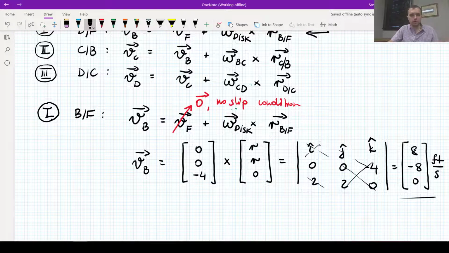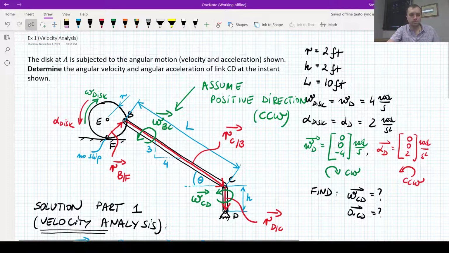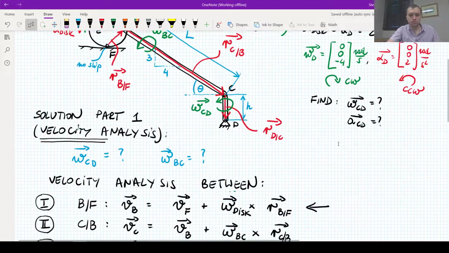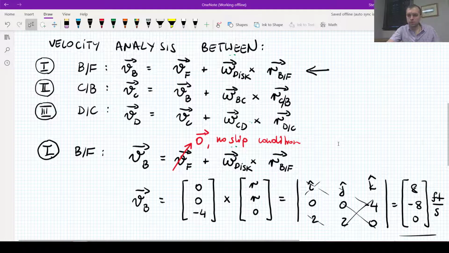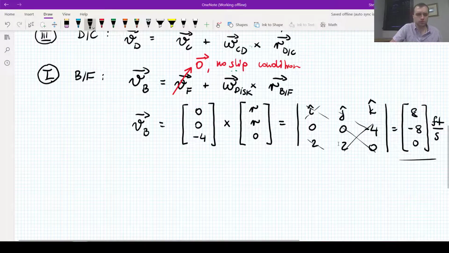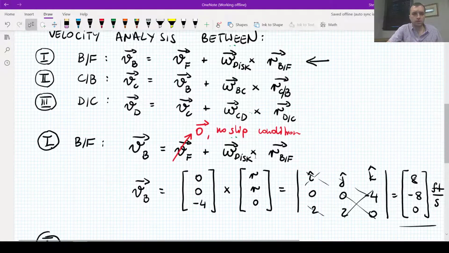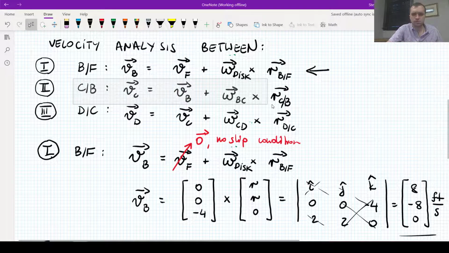We run velocity analysis between points B and F. Okay, 8 and minus 8 makes sense. Okay, now second step of our solution. Velocity analysis between these 2 points.